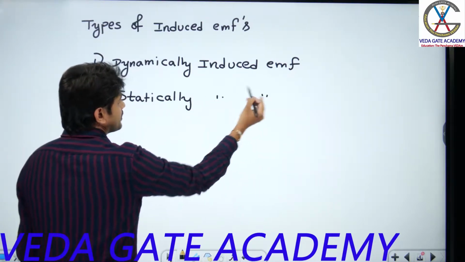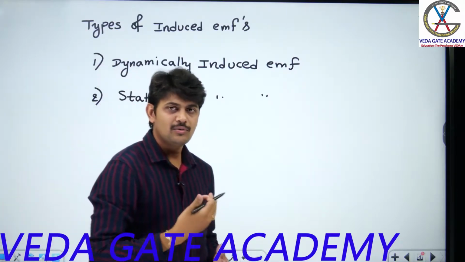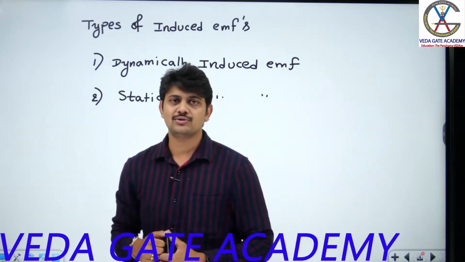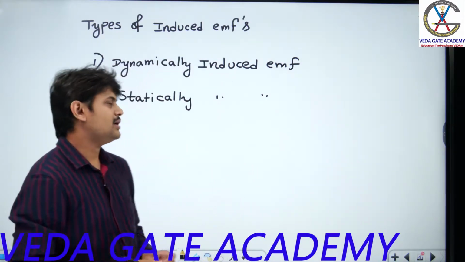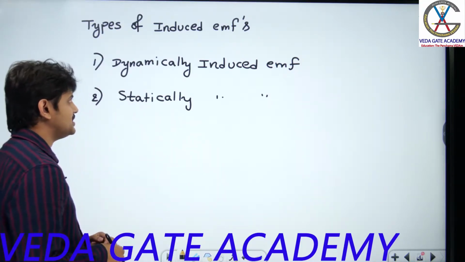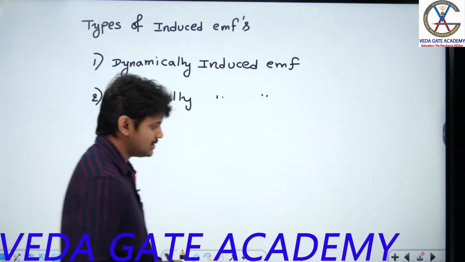Now we will see one by one what is meant by dynamically induced EMF, how to determine the magnitude of it, and how to determine the direction of it. Similarly we will go through statically induced EMF. Now we will start with the first one, dynamically induced EMF.